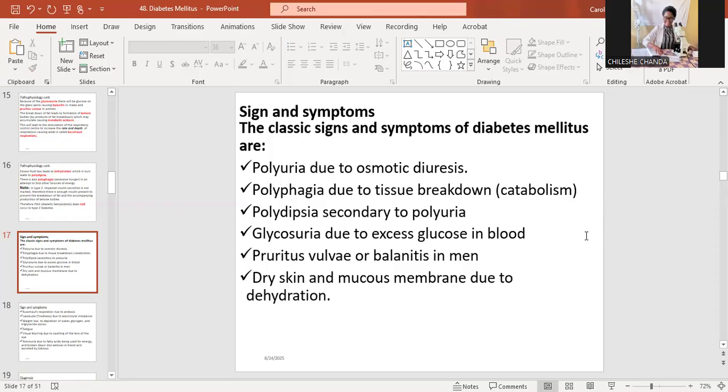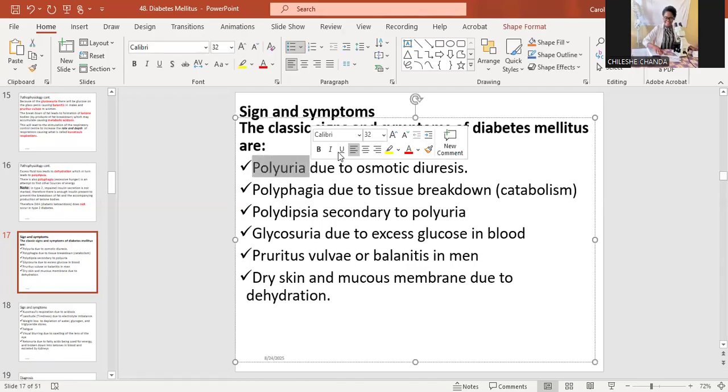The signs and symptoms of diabetes mellitus. We have classic signs and symptoms, and these include polyuria, which is due to osmotic diuresis; the patient is urinating a lot of the fluid that they have. Polyphagia, which is due to tissue breakdown. Polydipsia due to polyuria. The patient will have glycosuria due to excessive glucose in the blood.